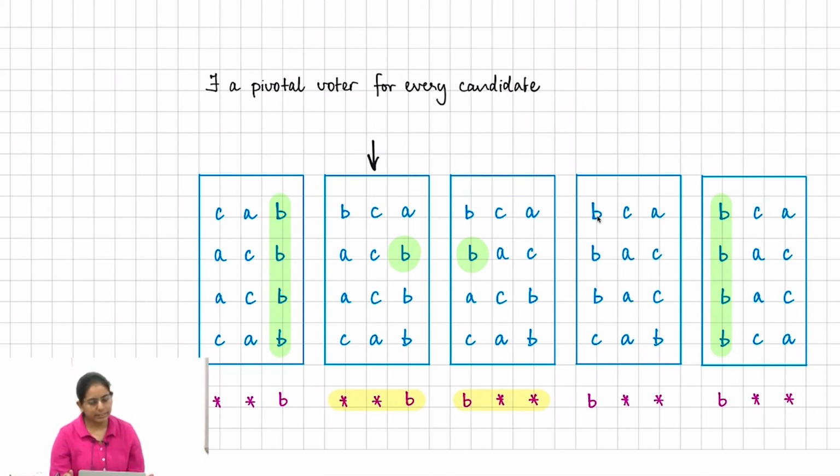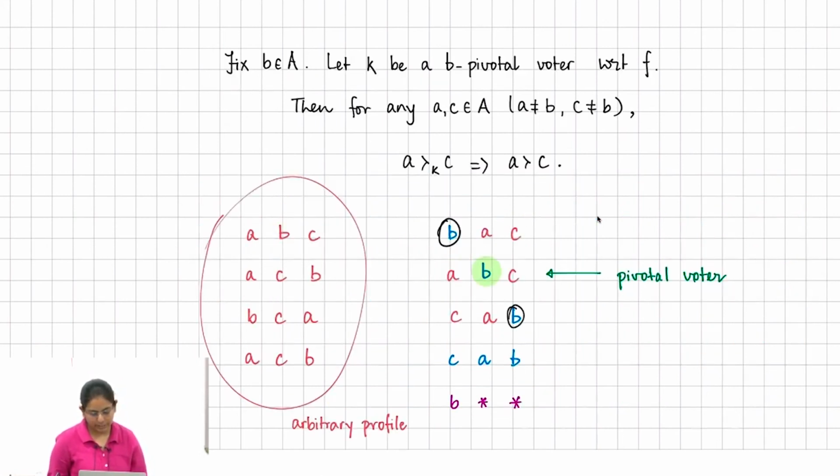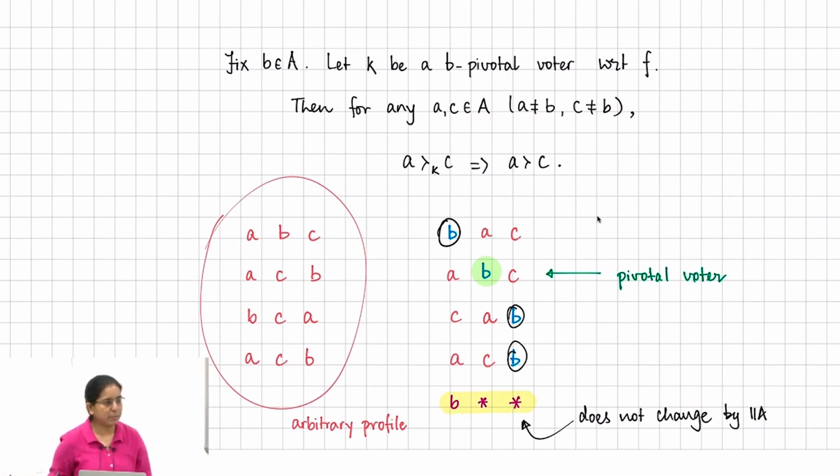Okay, it's clearly the same for every voter other than the pivotal voter. For the pivotal voter, B was ranked at the bottom here, so A was greater than B. And in the other profile that we artificially constructed, we in fact pushed B below A. So even here A is ranked ahead of B by the pivotal voter.